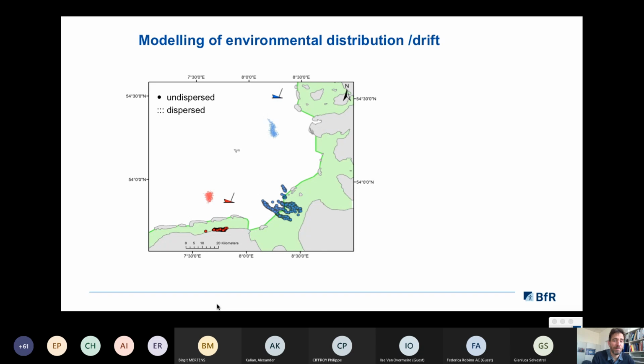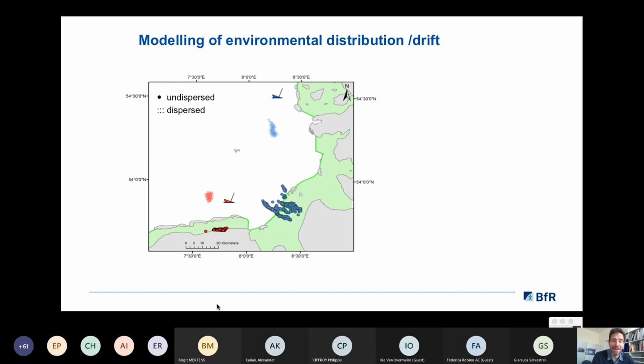So what we did in another project, just to show you the idea, was with some colleagues from another institute who simulated two oil accidents, one where the blue ship is sinking and the other where the red ship is sinking, and simulated what would happen given the meteorological conditions, let's say the wind, the waves, and the currents.